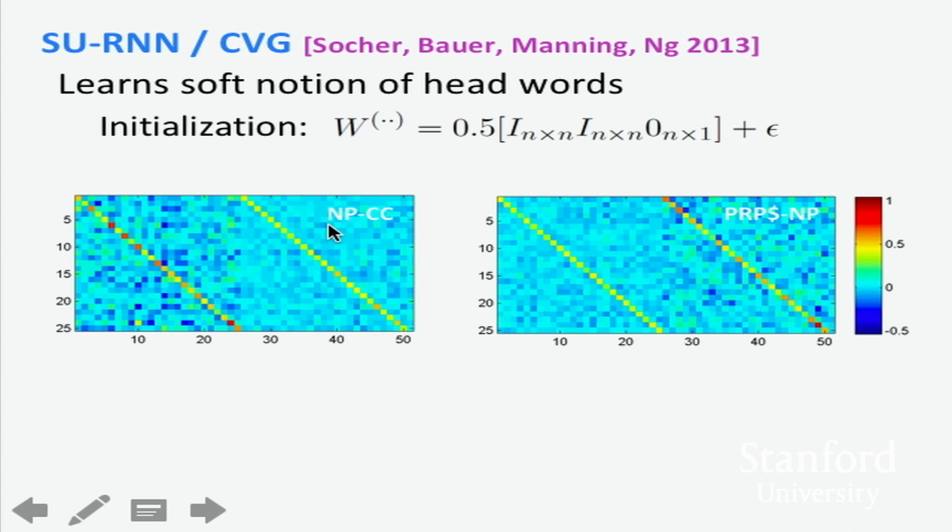And so if you're putting together a noun phrase with a conjunction, so this is something like the student and, well, it's correctly learning that most of the information is coming from the student and there's relatively little coming from and. If you're putting together a possessive pronoun and the rest of a noun phrase, so it's something like his cat, most of the information is coming from cat with relatively little coming from his.